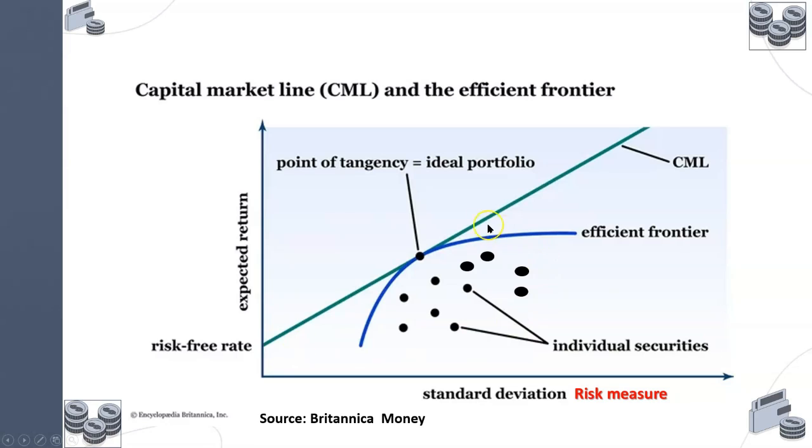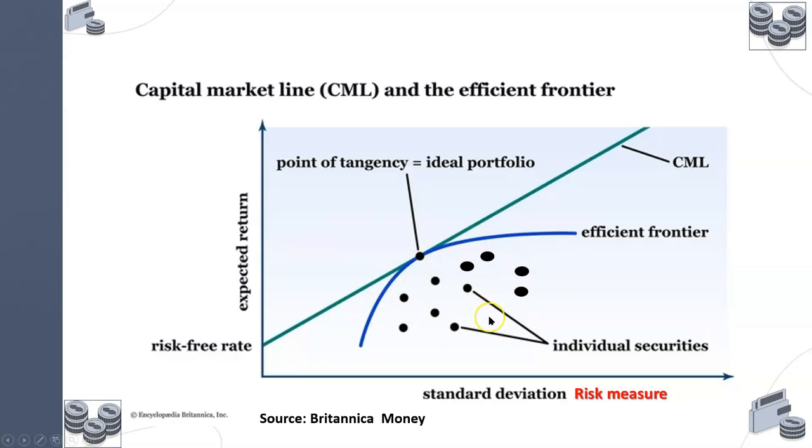So what is all this about? The black dots are the possible combinations of riskless asset and risky asset. Risky asset means, as the name shows, that the asset has some sort of risk, like bonds and the stock market.